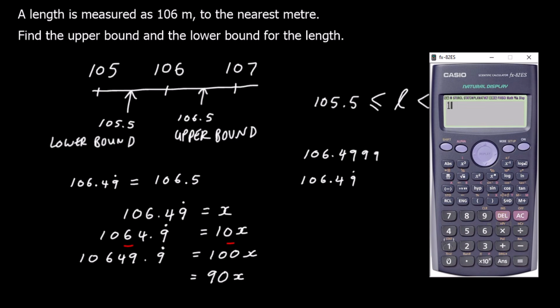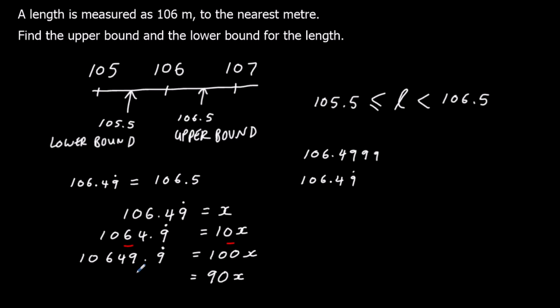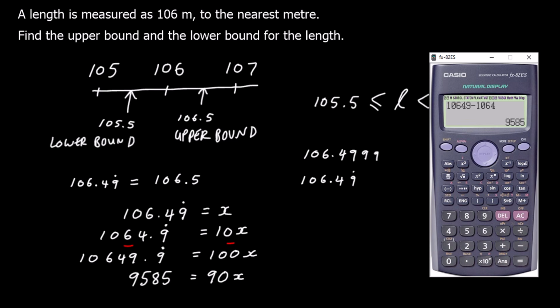And if I do 10,649.9 recurring, take away 1,064.9 recurring, I get 9,585. And then divide both sides by 90 to get x by itself.